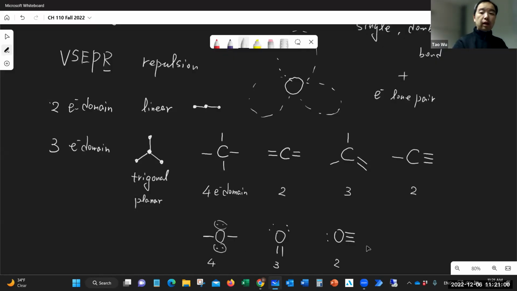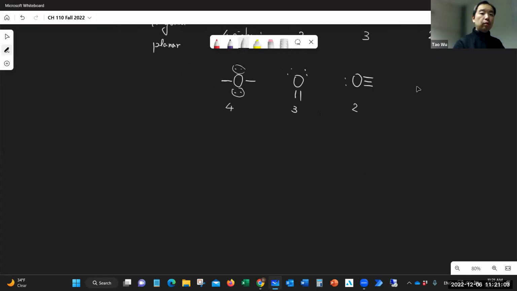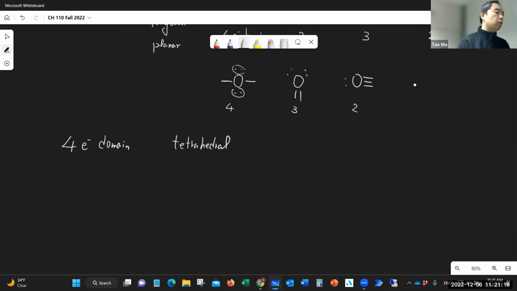And if we have 4 electron domains, then this one is more complicated. We call this tetrahedral. You have a central atom, 1 sticking out, 1 going that way, but the other 2 are not in the same plane. One is sticking out, and we use a wedge to represent it.